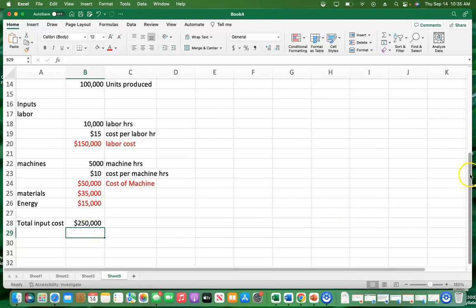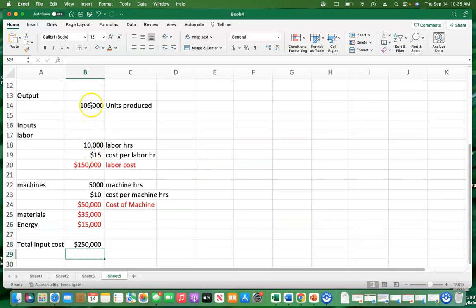So now we have the total output, which is the number of units produced, and also we have the total input cost, which is $250,000. But at the same time, we have the cost of machine, the cost of labor, cost of energy, and cost of materials. So I'm going to highlight this in a different color. I just wanted to do so. You don't have to, but this is how it can remind me what to do.